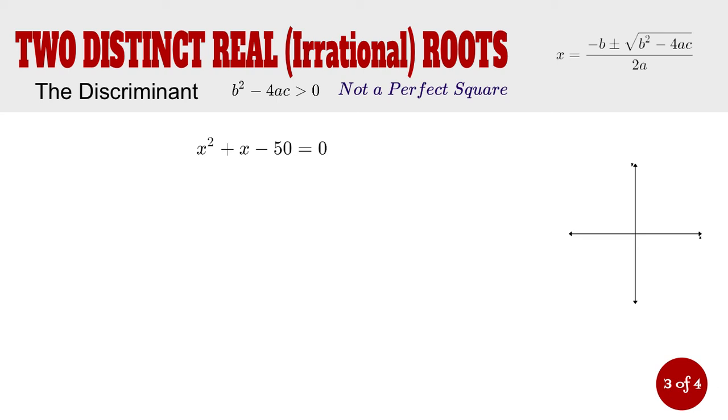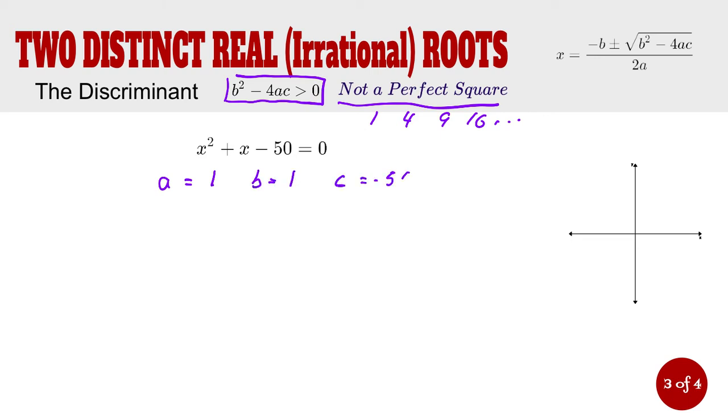2 distinct irrational roots now. So the discriminant value is going to be greater than 0, but it's not going to be a perfect square. So it's not going to be 1, 4, 9, or 16, etc. In this case, we have a equals 1, b equals 1, and c equals negative 50.